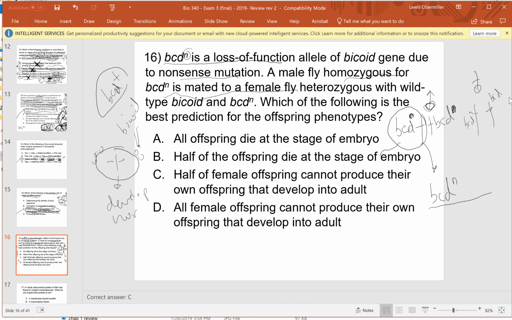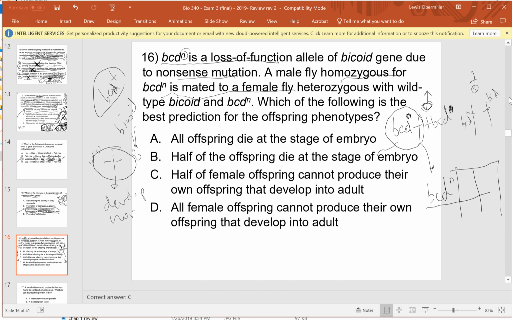We can do a Punnett square to show this. This is mom, so she's BCDN and then BCD plus normal. This mom is heterozygous for wild type bicoid, so she has enough bicoid to actually have all of her offspring develop normally.